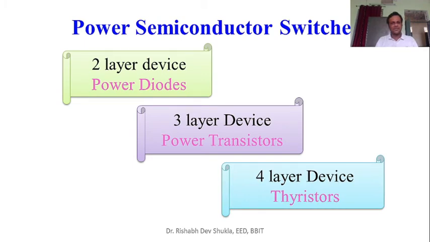Under the two-layer devices, we find the power diodes. Under the three-layer category, we have the power transistors, and under the four-layer devices, we have the thyristors. So today we are going to discuss the thyristor family and the SCR.